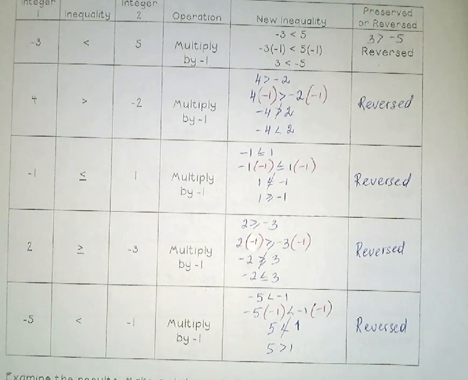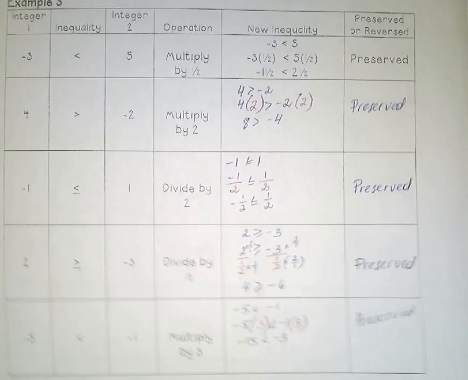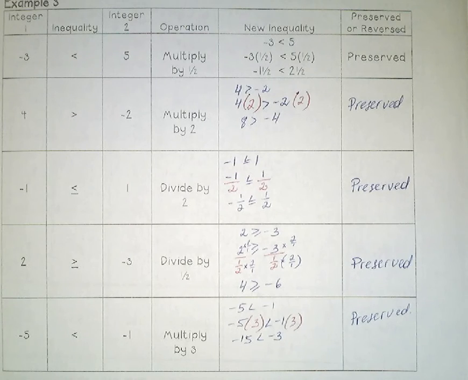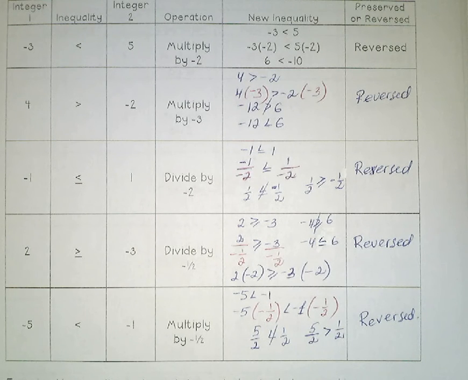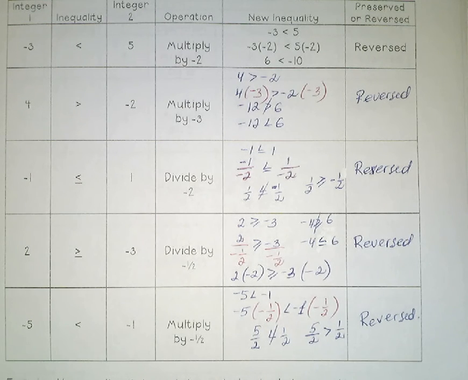In all cases, the sign was reversed. Here we multiplied or divided by a positive number, and in all cases, the sign is preserved. And in the last case, we multiplied or divided by a negative number, and in all cases, the sign is reversed.